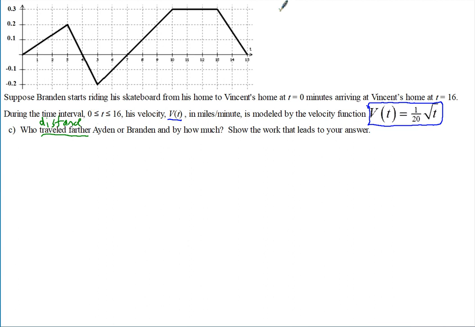So I'll write the formula right here, first of all. I've got a little more room right here, next to the graph.